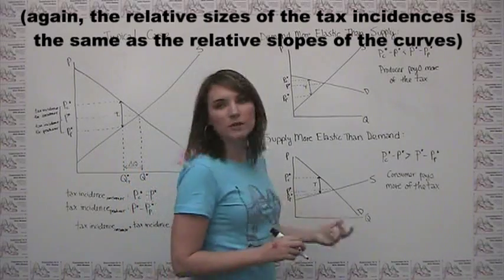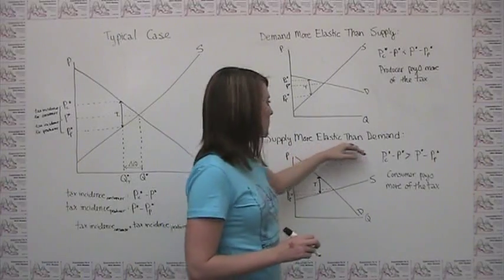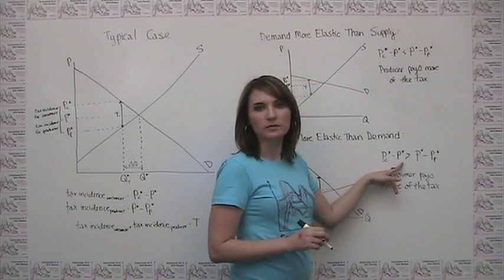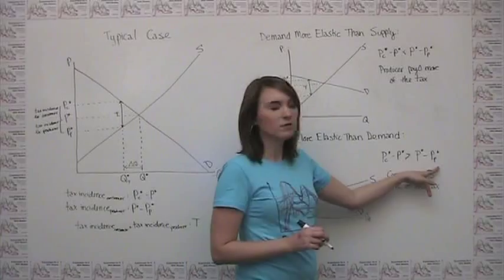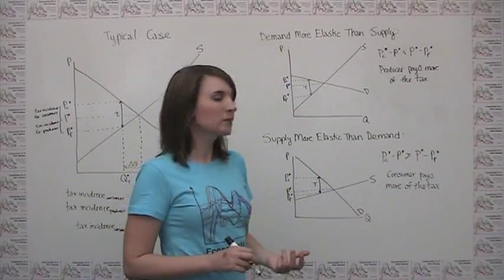So again, put formally in terms of tax incidence, we can say when supply is more elastic than demand, the tax incidence on the consumer is greater than the tax incidence on the producer. Or we can say that the consumer pays more of the tax.